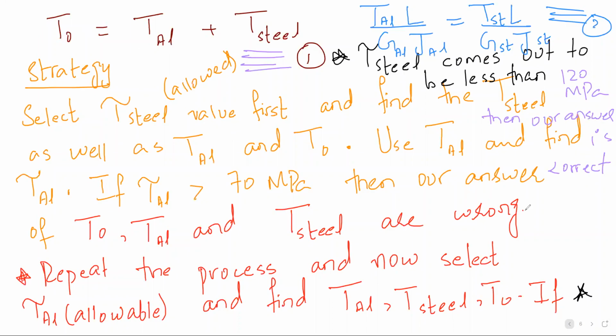So polar moment of inertia of aluminium is equal to pi by 2 into what is the aluminium?